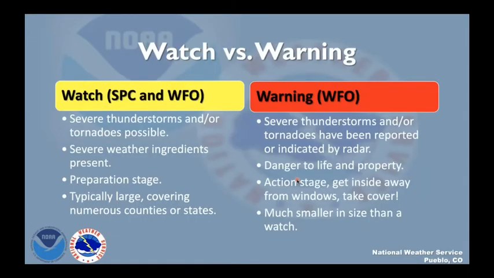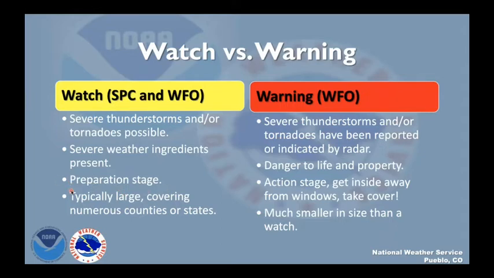So what is a watch versus the warning? Well, watch is essentially saying that all of this is possible, all the ingredients are there, but this also means this should be an indicator for everybody to start their preparation stage. So have a plan.